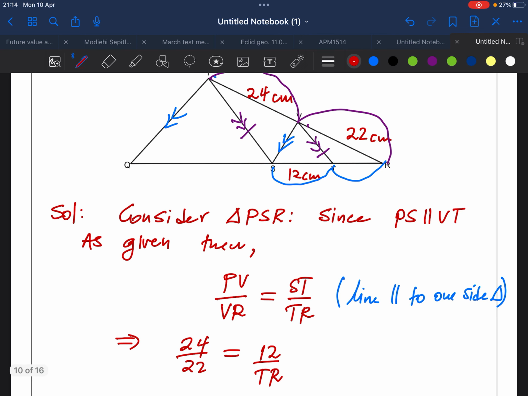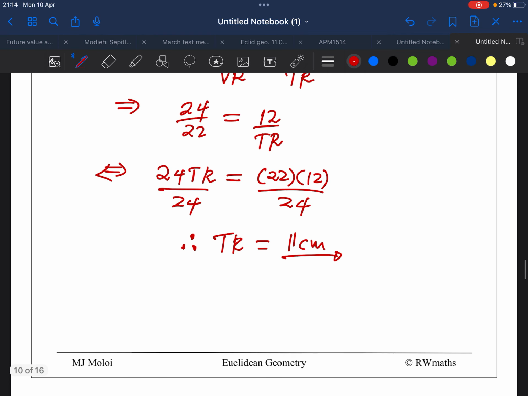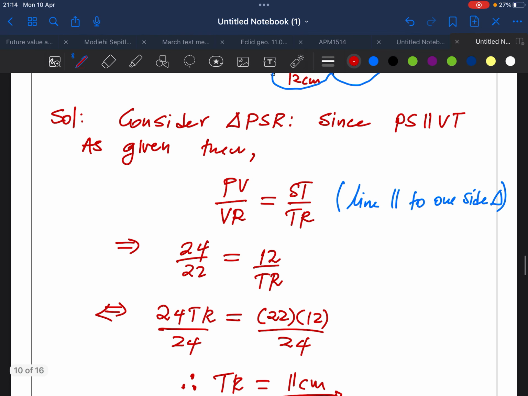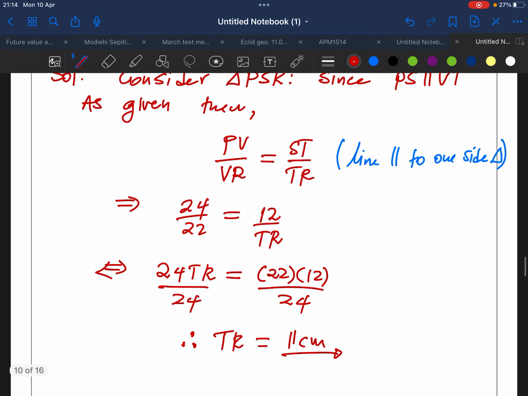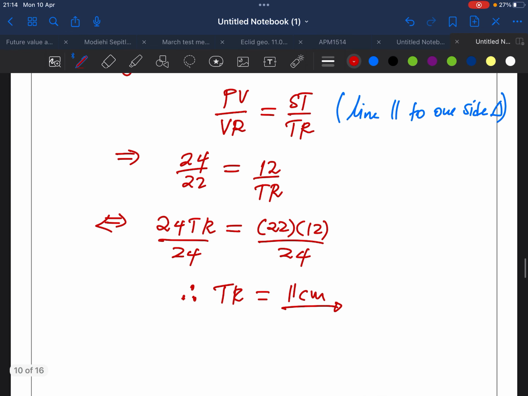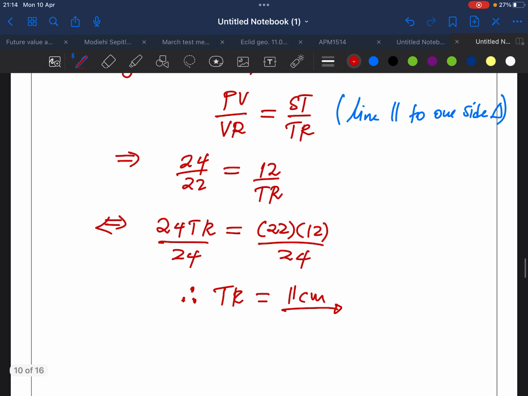So now let us go back to our solution again. Sorry. So now, as we have found TR, we will consider triangle PQR there.